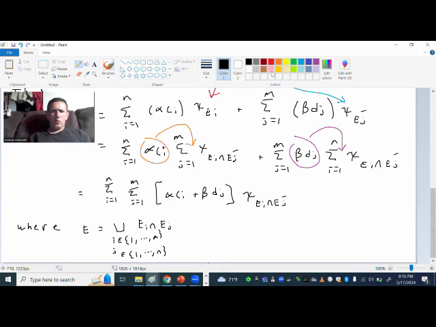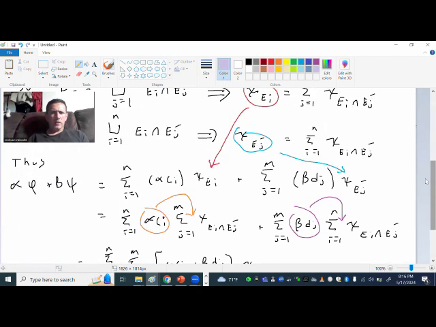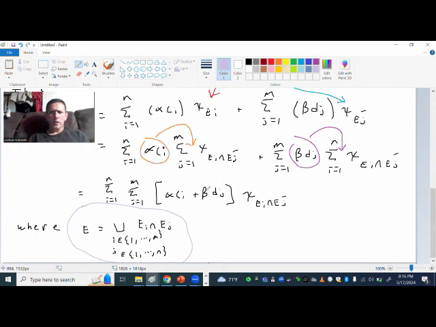Okay, so who cares? Well, I care because I have my linear combination of characteristic functions written as a linear combination of characteristic functions here in a special way, and it's special because, and sorry, this is prime, because these partition E. And this is something you can check as an exercise.